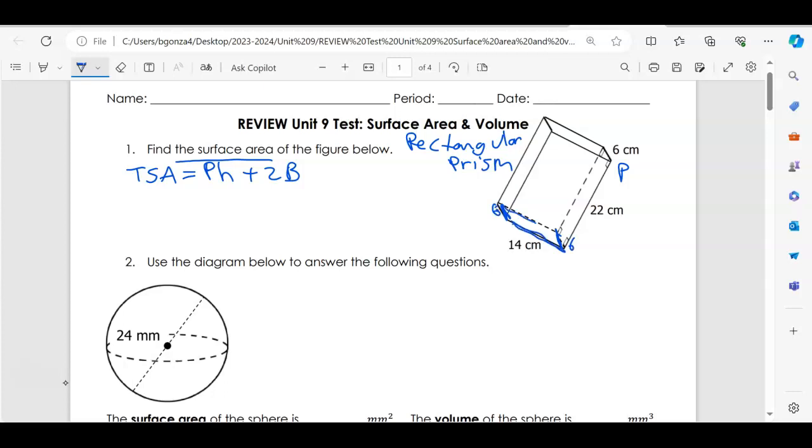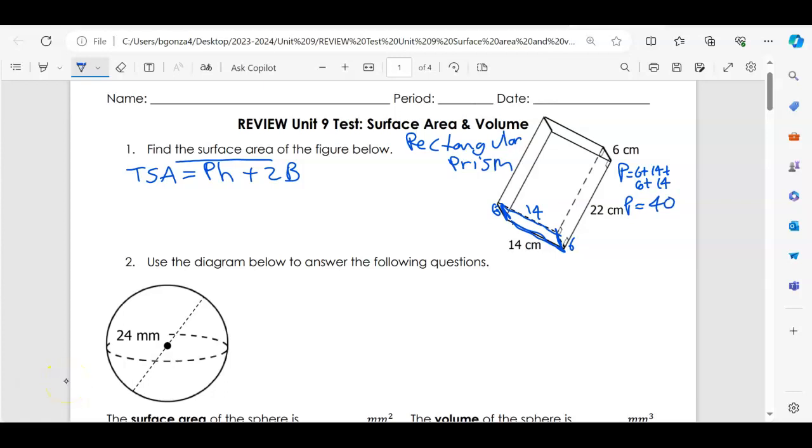You've got 14 and 14, right? So 6 plus 14 plus 6 plus 14. If you add up all those, you're going to get 40 for your P.